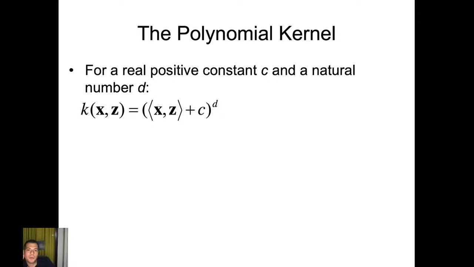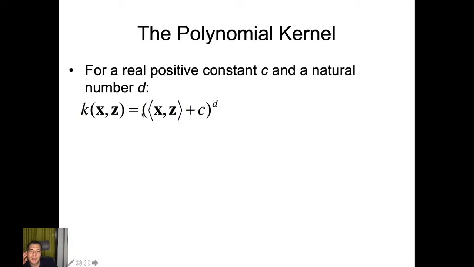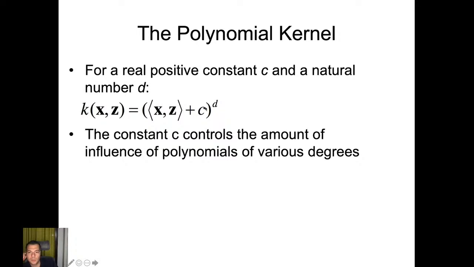The polynomial kernel is a generalization of the linear kernel. If we use c equals 0 and d equal 1, we have the linear kernel, or the standard scalar product. If we use c equals 0 and d equal 2, we obtain the previous kernel from the previous example. And in general, we have this generic notation.